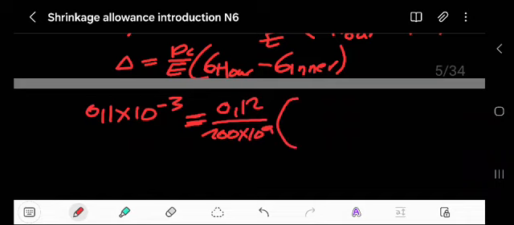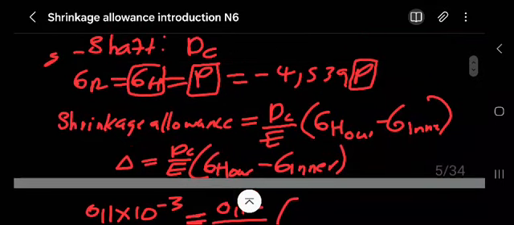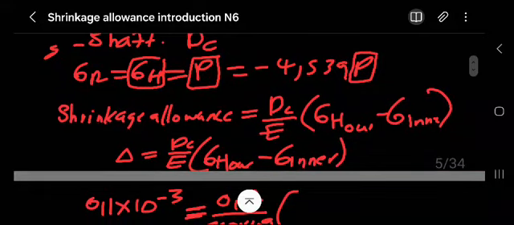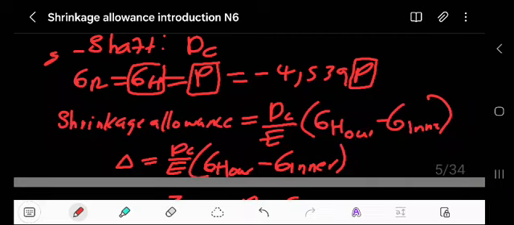Into now the hoop stress. We have the hoop stress at the outer, and the hoop stress at the inner. Hoop stress does not act at the shaft, but I'm talking about the internal diameter.